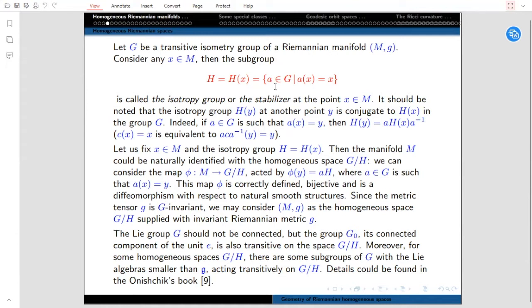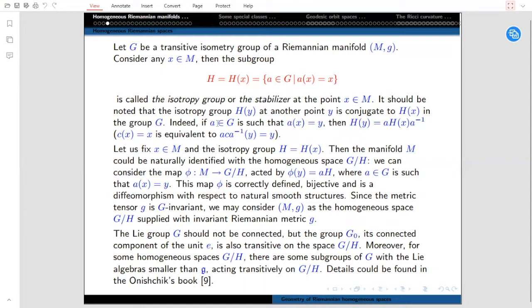This group contains all elements A such that they don't move the point X. In other words, it is the subgroup which fixes the point X. This group is called the isotropy group or the stabilizer at the point X of M.